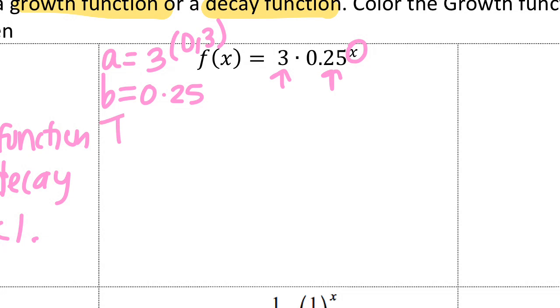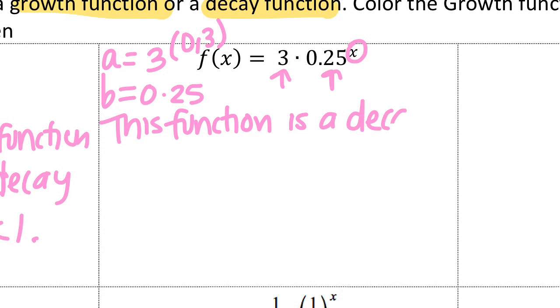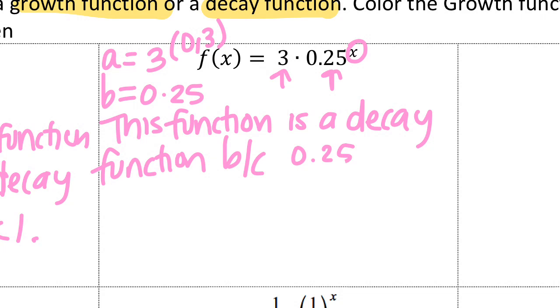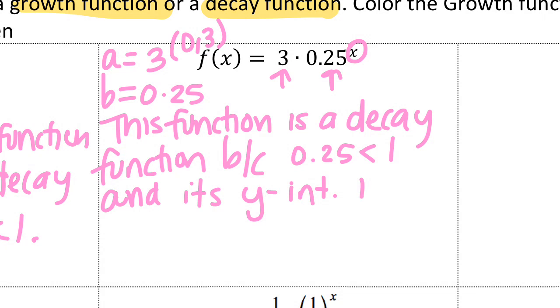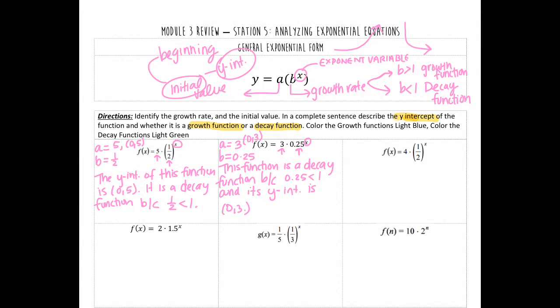I could say, this function is a decay function because 0.25 is less than 1 and its y-intercept is (0, 3). And all done. I wrote my complete sentence telling you whether it was a decay function or a growth function, and then I also told you what the y-intercept would be.